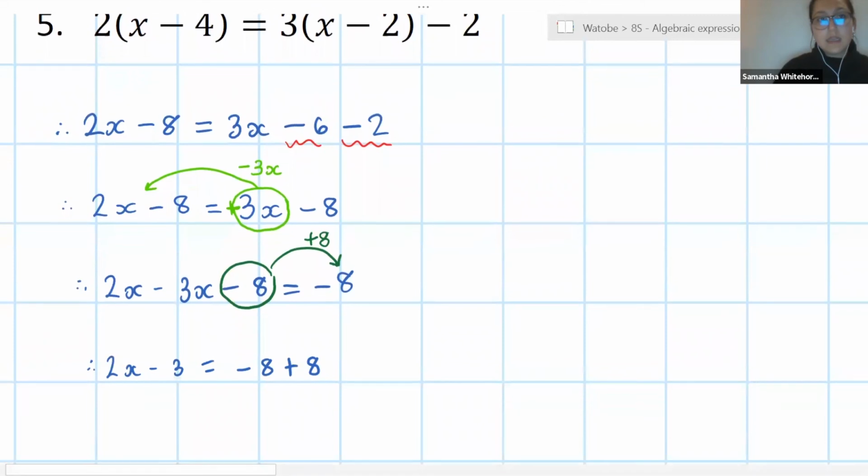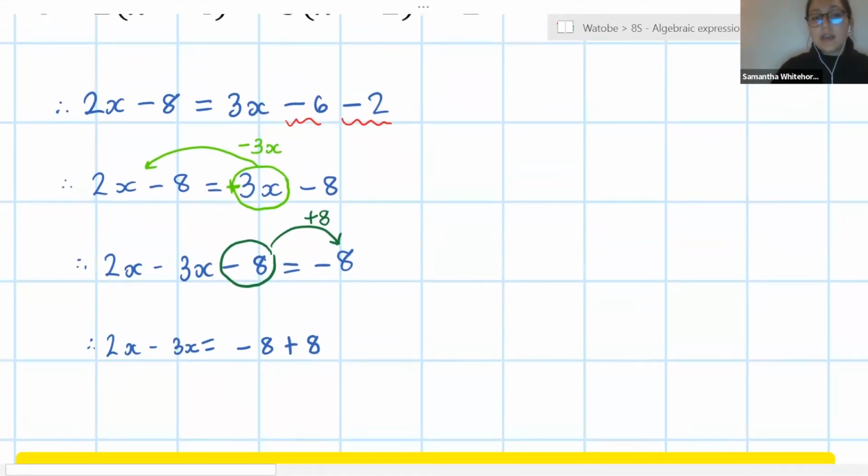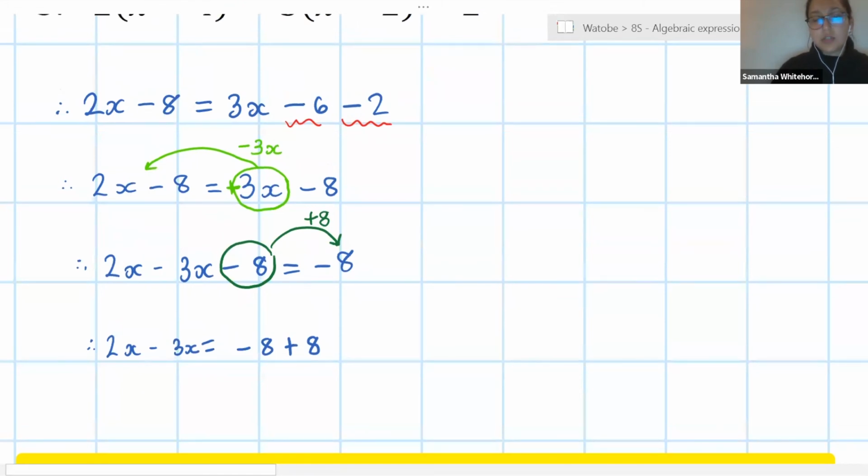Sorry, I left off the variable. Right, now I can start adding and subtracting my like terms. So 2x minus 3x is a negative x, and negative 8 plus 8 is actually 0.